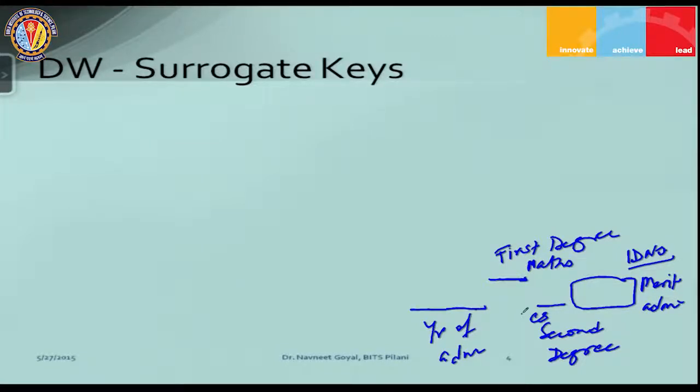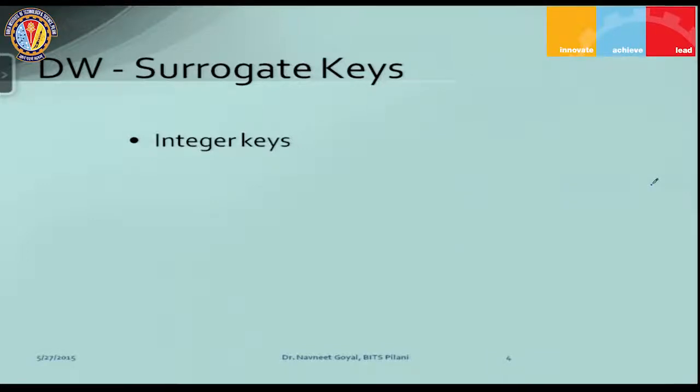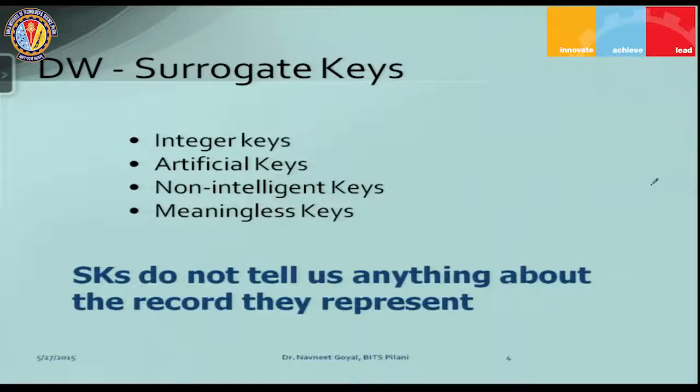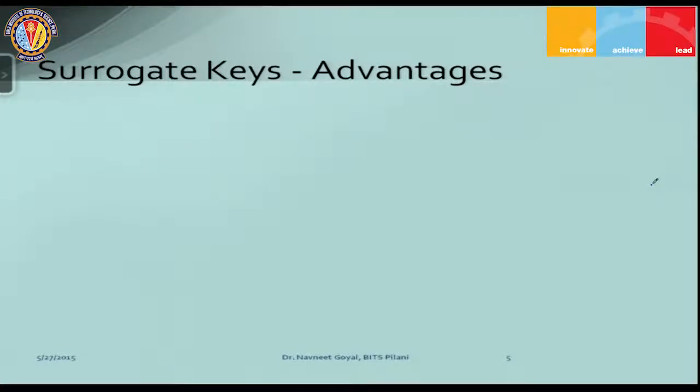Now in a data warehouse environment, we always talk about what are called surrogate keys. These are integer keys, and there are different names given to them: artificial keys and non-intelligent keys. They do not tell us anything about the record they represent, unlike the natural keys.